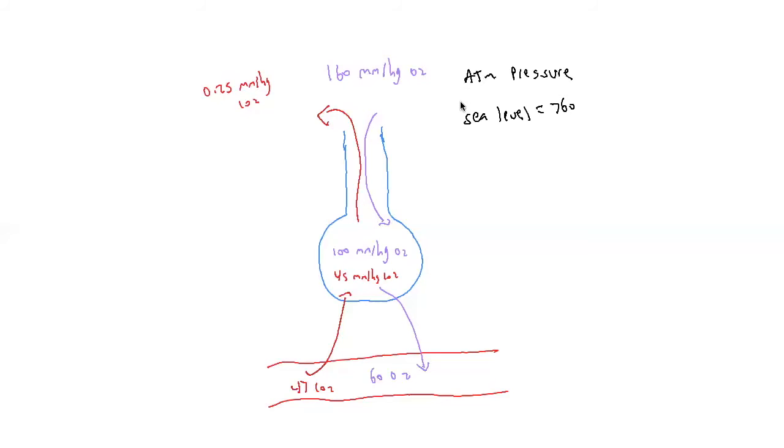Let's say you decide that you want to go climb Mount Everest. Well, at the top of Mount Everest, partial pressure is about 250 millimeters of mercury. About 20% of that's going to be oxygen. I'm no mathematician, but that would make oxygen about 50 millimeters of mercury, give or take.